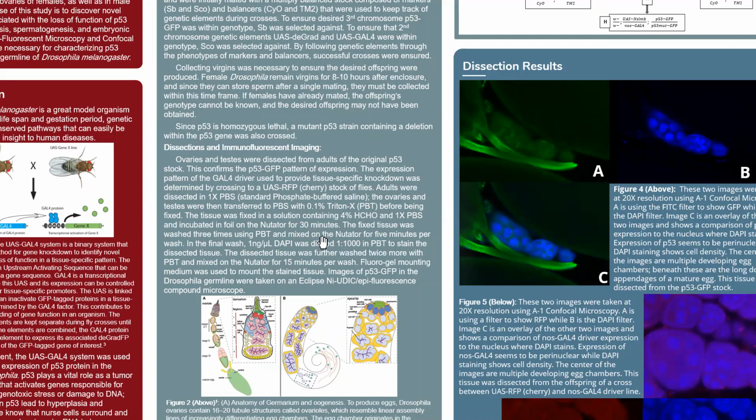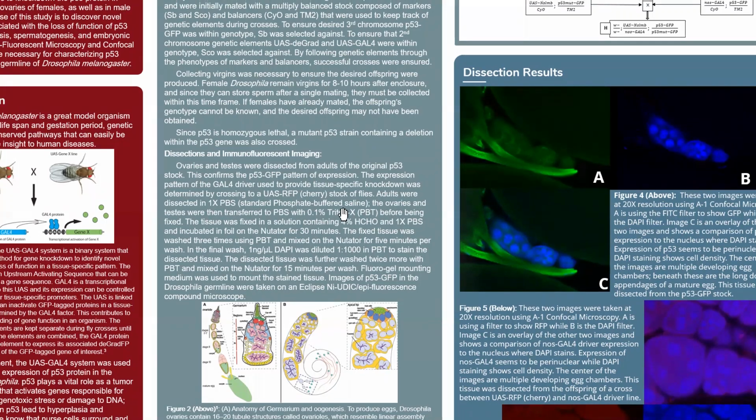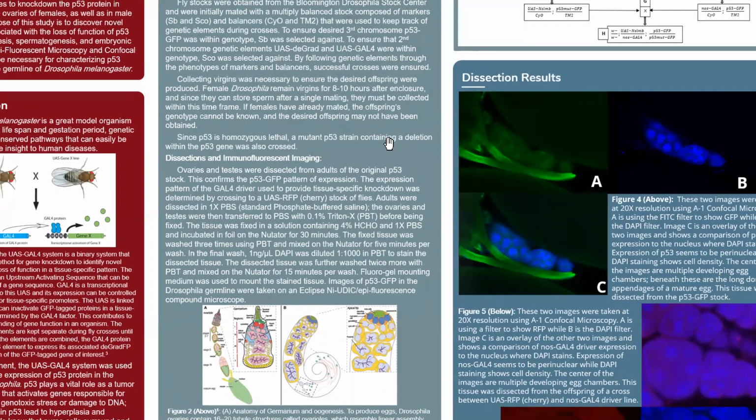DAPI provides a staining to the nuclei of tissue, and this can be used to compare to the staining of the green fluorescent protein, which is where our p53 tagged, or p53 GFP protein is. So we can compare the GFP staining to the DAPI staining and see where p53 is expressed.